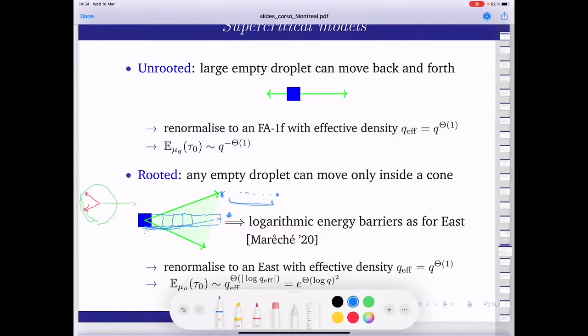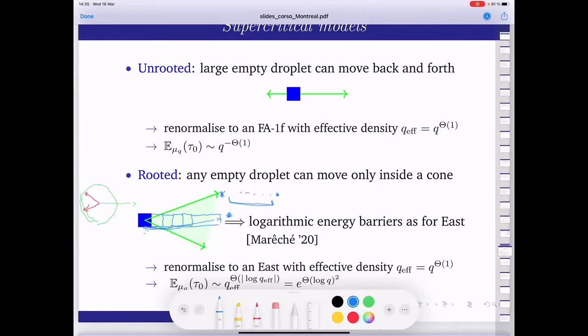And for these rooted models in 2 dimensions, the behavior is pretty similar in the sense that it's not at all one-dimensional, but there is a sort of constrained motion. Essentially, this droplet is only able to move inside a cone, the green cone identified by taking the perpendiculars to the 2 red directions here.